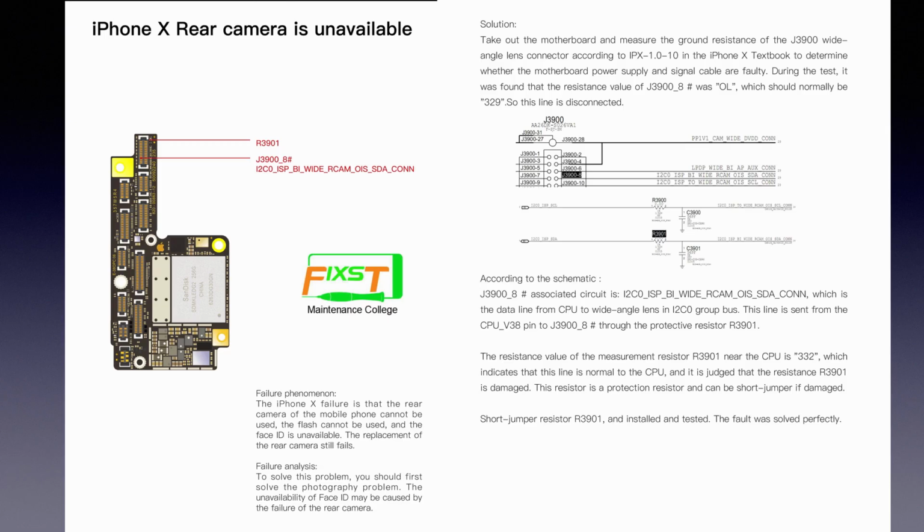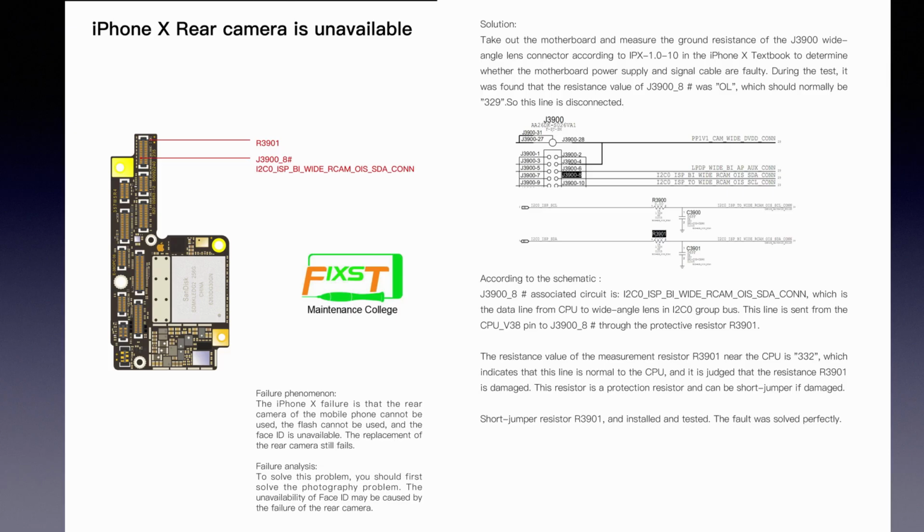According to the schematic, you will see that this is a data line from the CPU to the wide angle lens in the I2C0 group bus. This line is sent from the CPU V13 pin to the J3900 connector 8 pin through the positive resistor R3901.